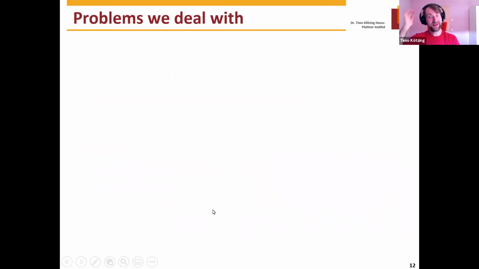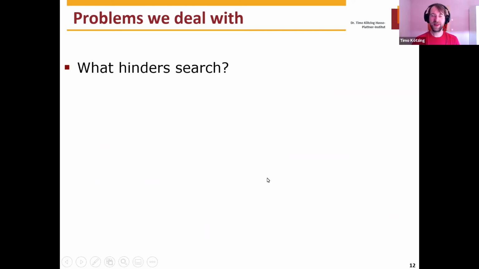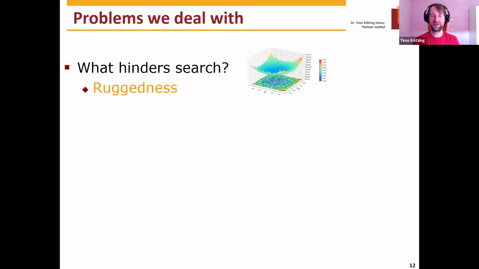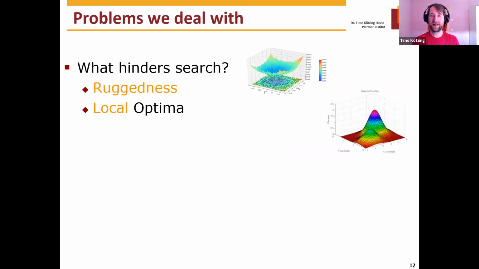Okay, so when we are doing this kind of searching, what are the problems that we deal with? Maybe in summary, we deal with the ruggedness we've talked about, we deal with local optima, but we can also deal with other things like noise. Let's say I throw a parameter once into the black box and I measure, and then I throw in the exact same parameters again and I measure, and out I get something else.